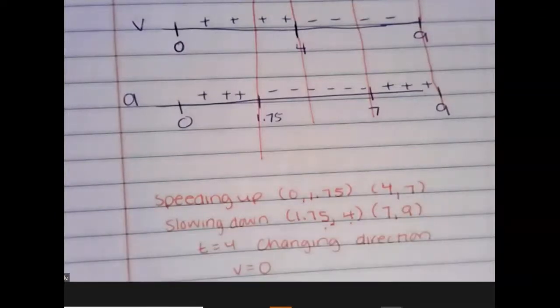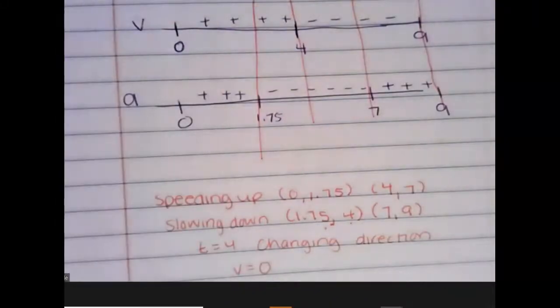The second one I got asked about was letter F. It says a particle is moving along the x-axis. The position and velocity of the particle is recorded for various times. At what time is the particle moving towards the origin?